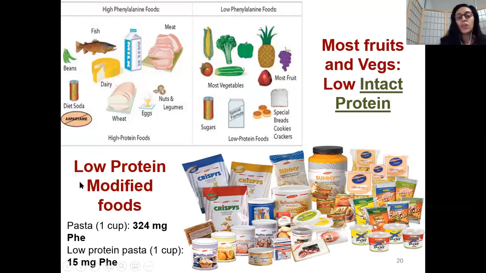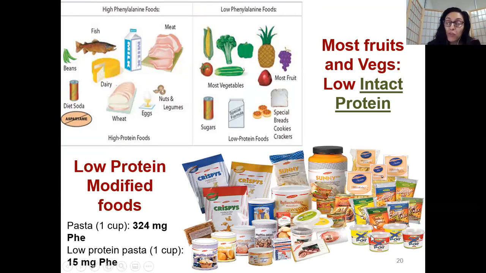So now you have low protein foods. You actually have food industries which have designed foods such as low protein pasta, low protein peanut butter, low protein cheese, low protein cookies and biscuits, and a lot of other things.